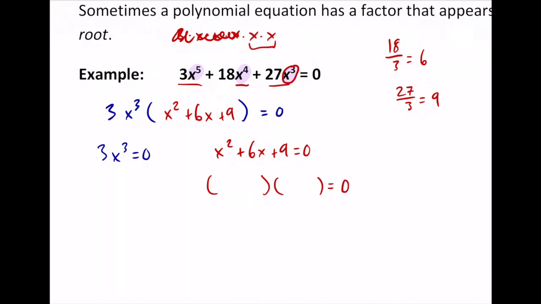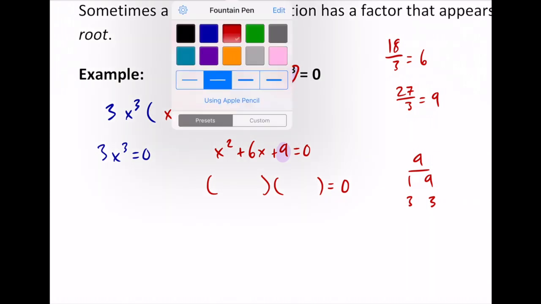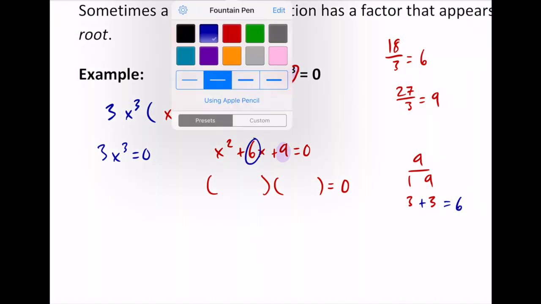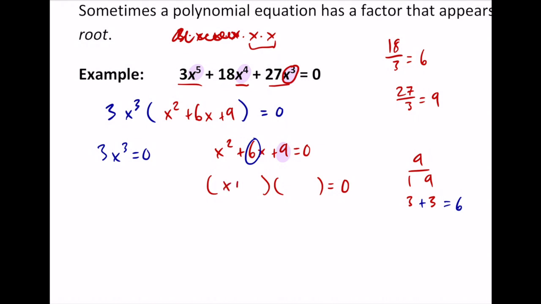So we're paying attention to that last number, 9. What multiplies to get to 9? We have 1 times 9, or 3 times 3. Just like in our warm-up, we see that 3 plus 3 is 6, which is that middle number that we were trying to get. So we can write our answer, x plus 3, x plus 3.